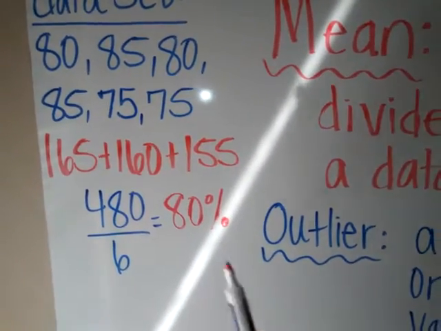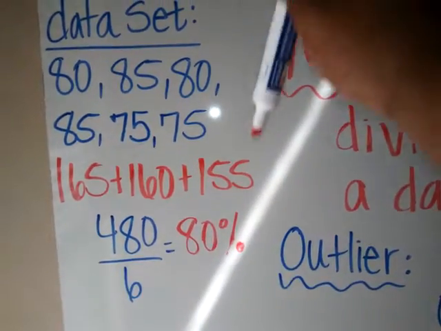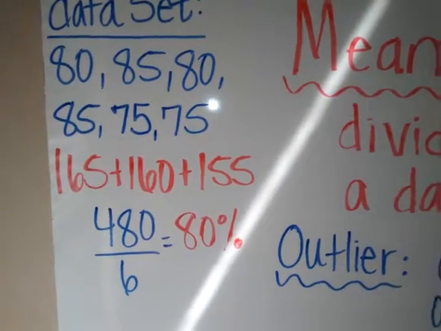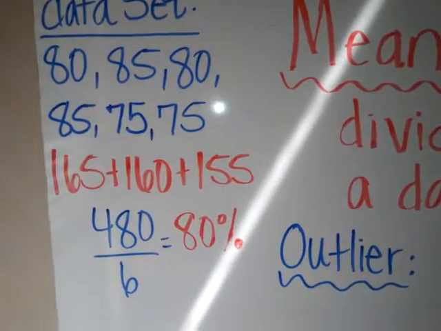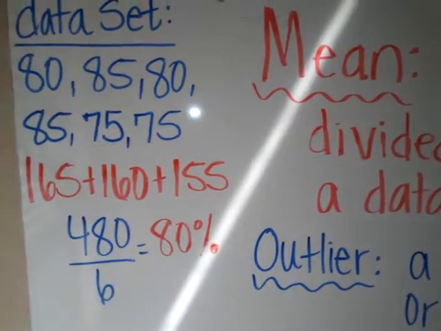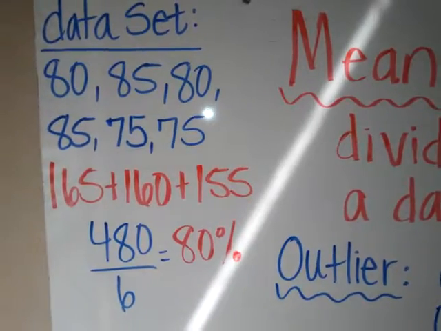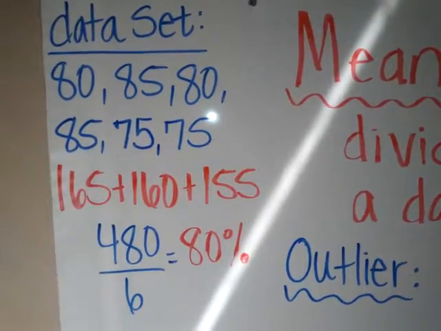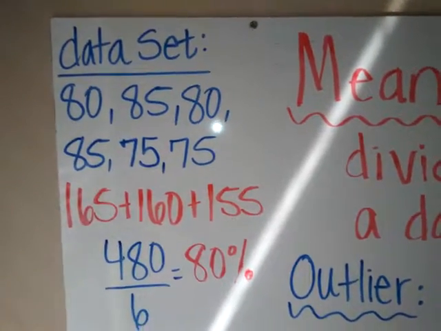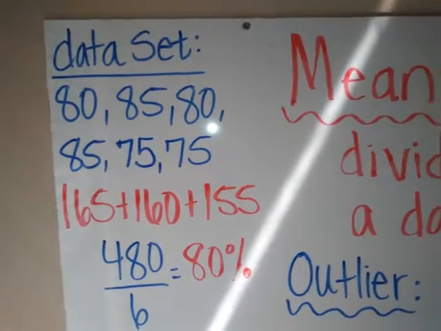Therefore, your 80% is going to decrease greatly. It's going to go down. From 80% to a 40%, that's a good deviation of 40%. So it's going to bring that 80% down, and we won't reflect that we scored an 80% on these 6 tests. It will be roughly a low C or even close to a D.